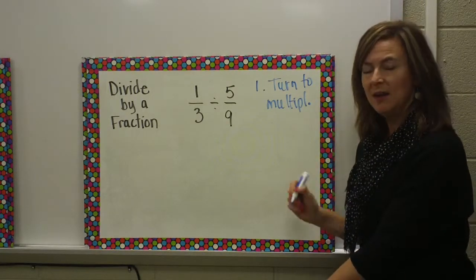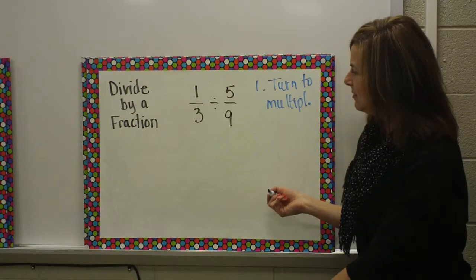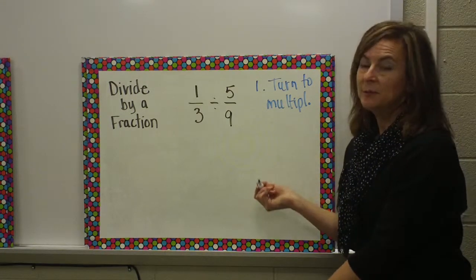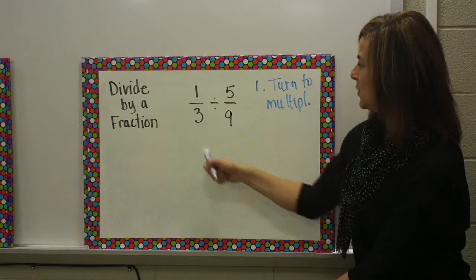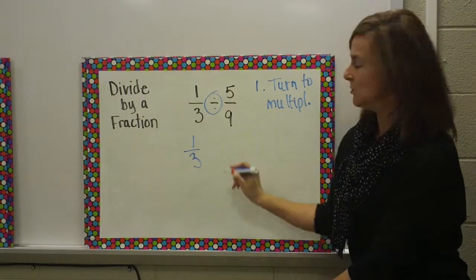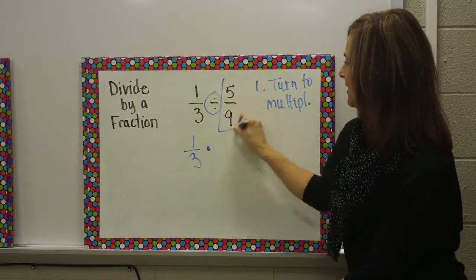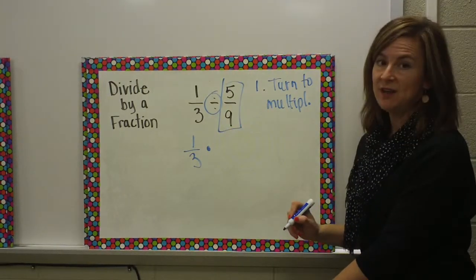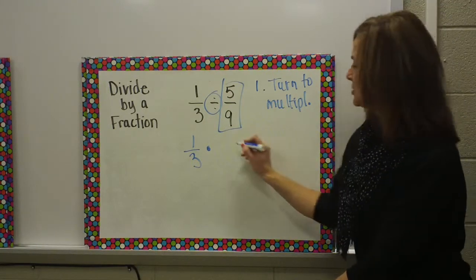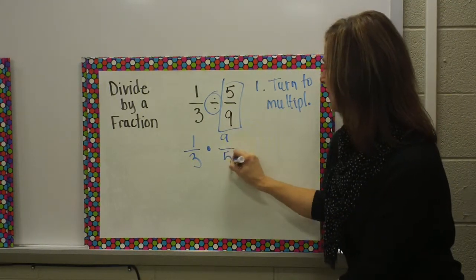Just abbreviate that. So how do I do that? Well, basically we can apply our keep, flip, change if you'd like. So I keep 1/3, I change division to multiplication, and then I change my 5/9 and flip it. So I'm going to flip 5/9 to 9 over 5.